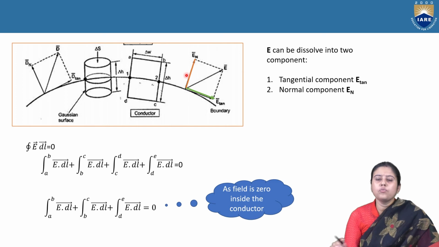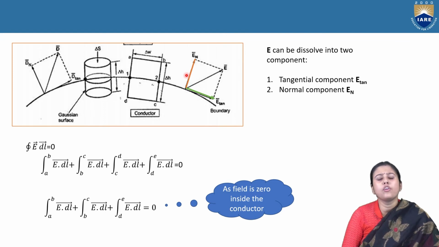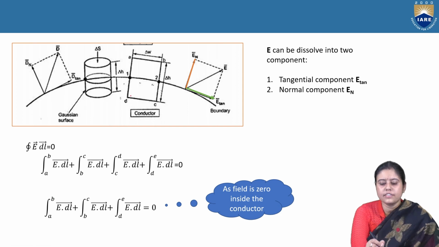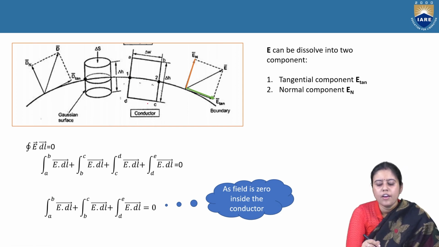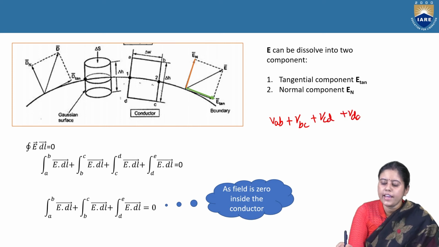We know that the closed integral of E dot dl equals 0. Why? Because of KVL: the voltage in a closed path equals 0. If we take the voltage in this closed path, as there is no external voltage source, we can write the potential drops VAB plus VBC plus VCD plus VDA equals 0.